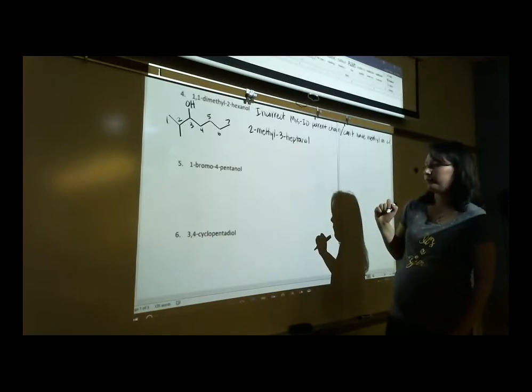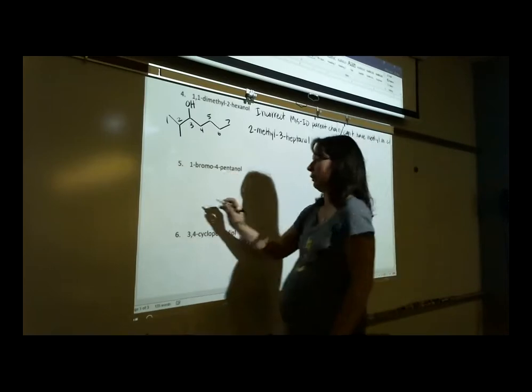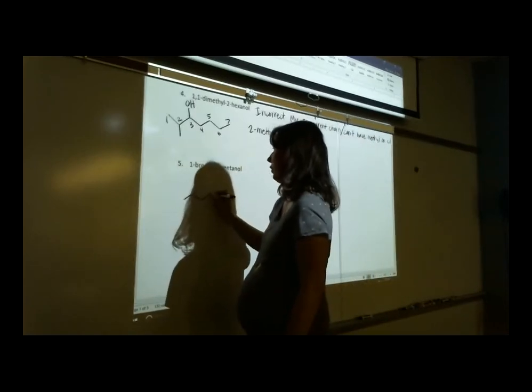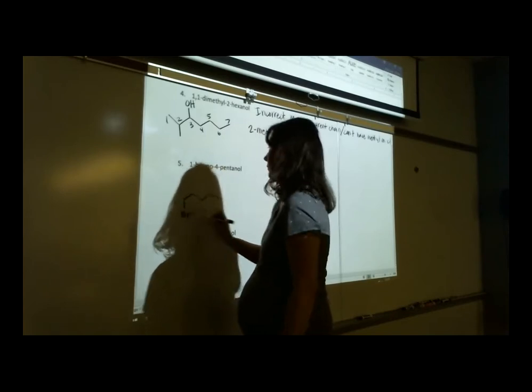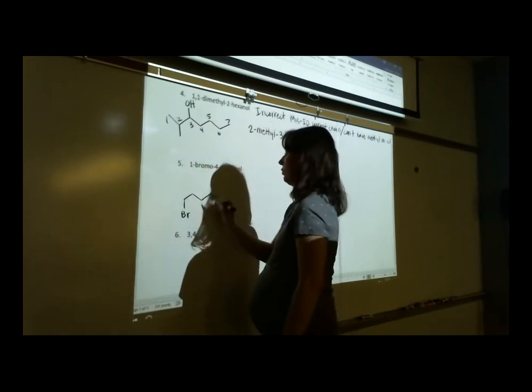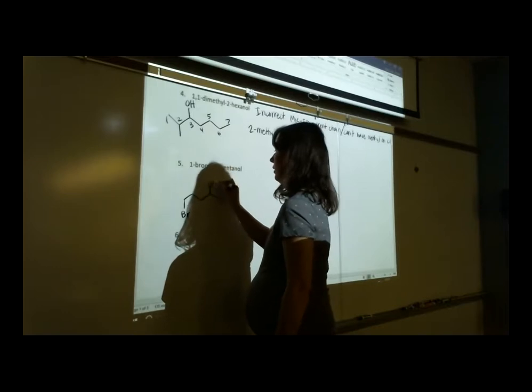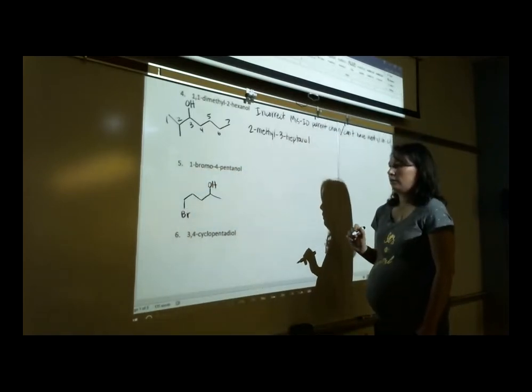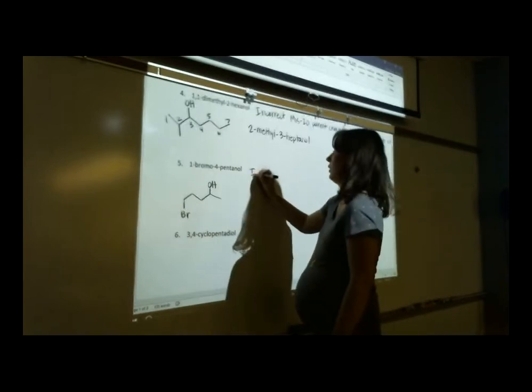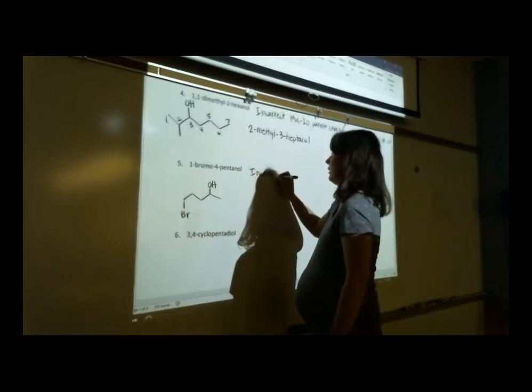Okay, pent, that would be 5. 1, 2, 3, 4, 5. 1-bromo. 4. 1, 2, 3, 4. Is that correct? No, that's incorrect. What's the mistake?